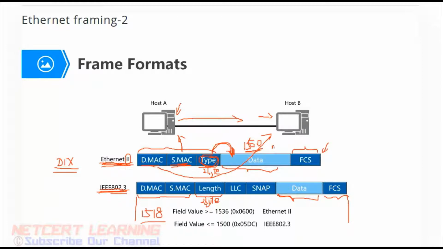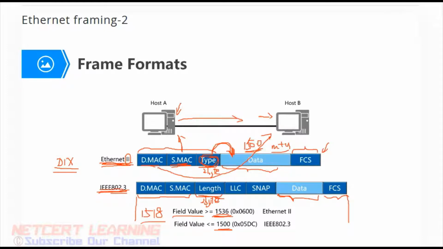This we call the MTU, maximum transmission unit. So if the field value is smaller than this value, it should be the length, because the frame is not longer than this value.